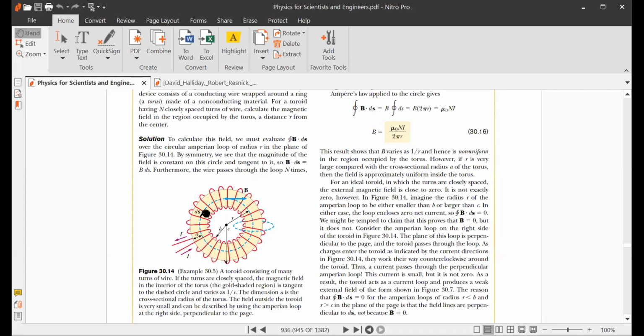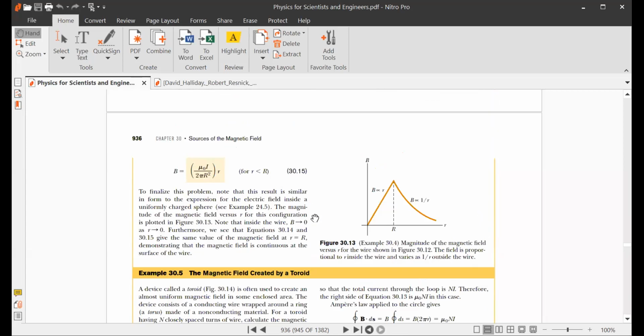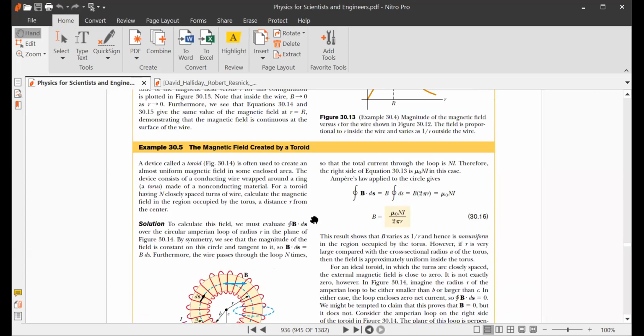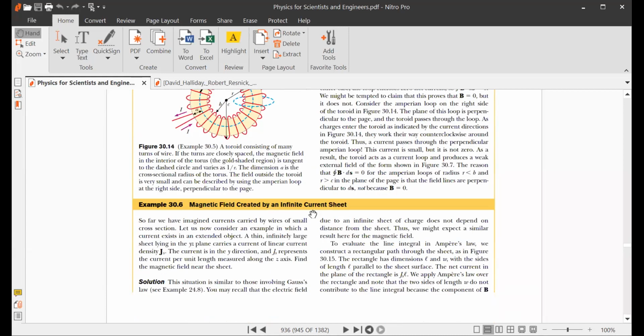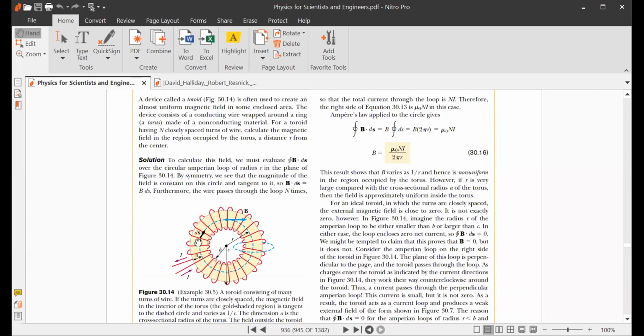The non-zero magnetic field exists only inside the toroid. This Amperian loop is the blue one here, exactly in the middle of the toroid.